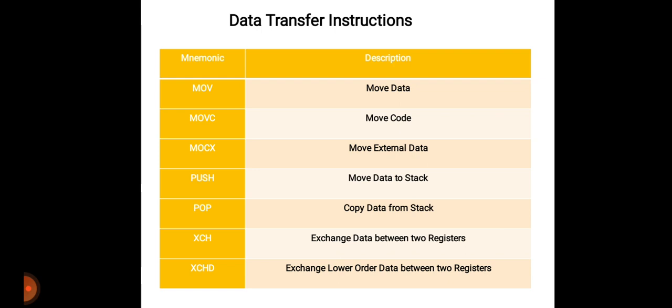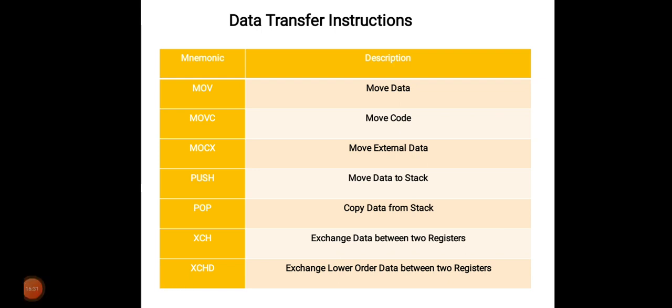XCH means exchange the data between any two registers. XCHD means exchange lower order data between any two registers. So these are the mnemonics and the function of each instruction.